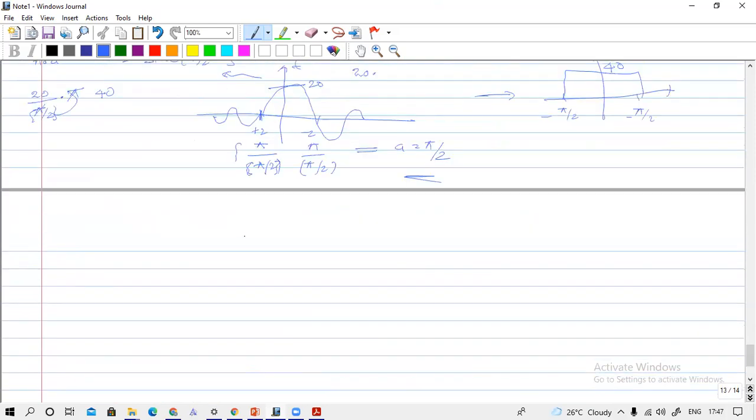So we have a rectangle, t by 2 tau. We get A times 2 tau sinc omega tau. We get this signal: A rect t by 2 tau corresponds to 2 A tau sinc omega tau.